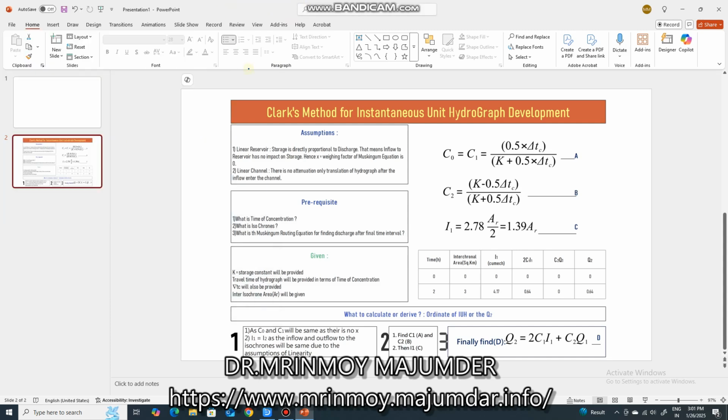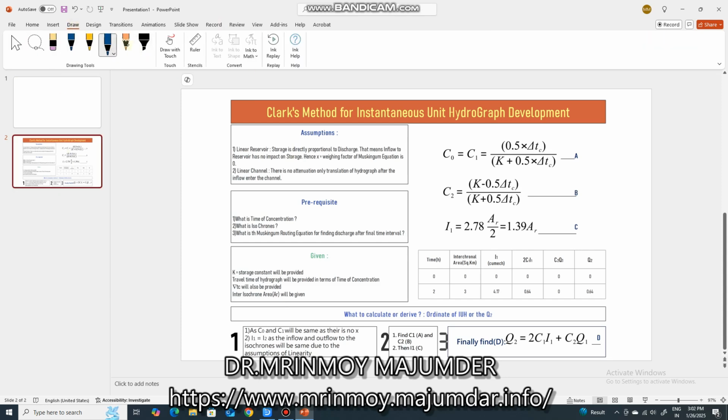Before beginning this tutorial, let it be clear that we have to make two very important assumptions. One assumption is the reservoir is linear, that is storage is directly proportional to outflow.